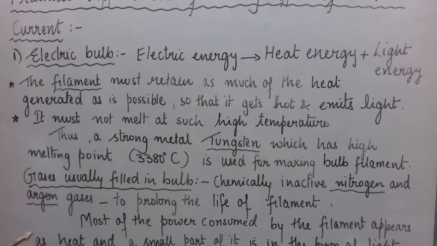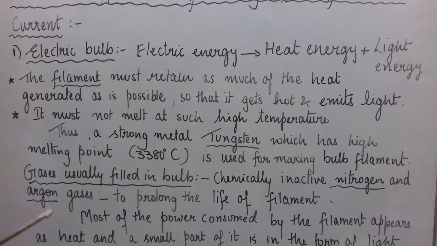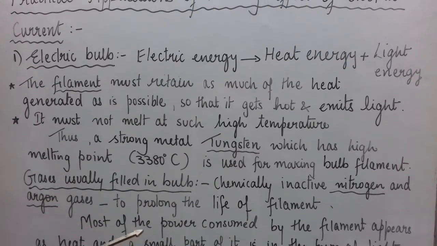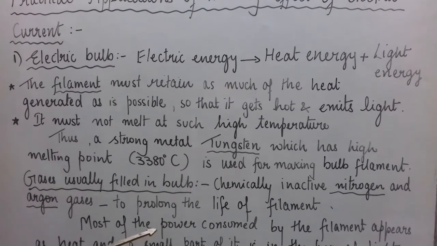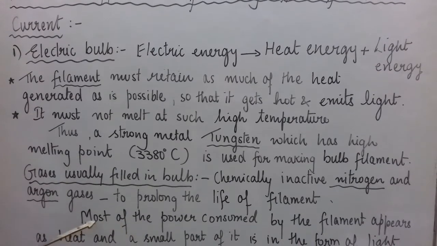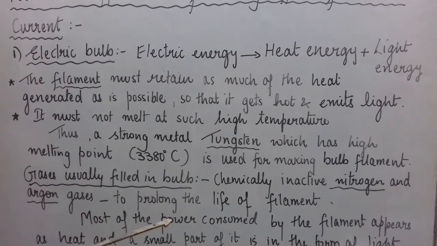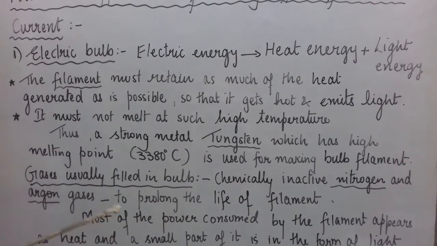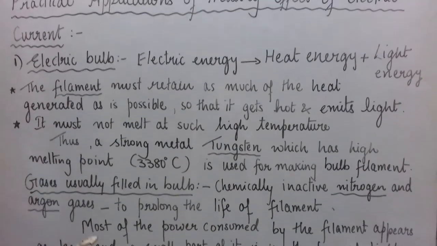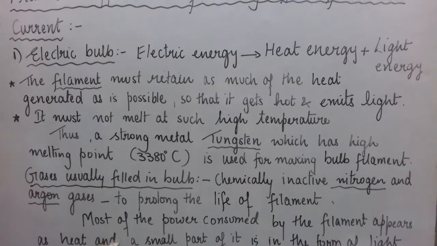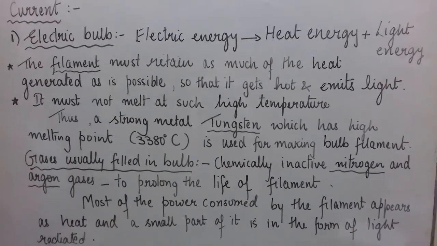Now remember students, in case of a bulb, most of the power consumed, I have used here NCERT language, most of the power consumed. What is power? Energy consumed in unit time, that is 1 second. Even if you write most of the energy consumed, it will be okay. Most of the power consumed by the filament appears as heat, and a small part of it is in the form of light radiated.